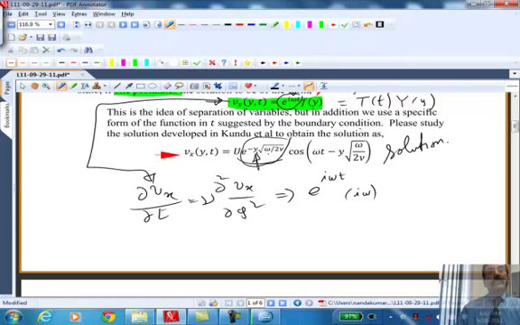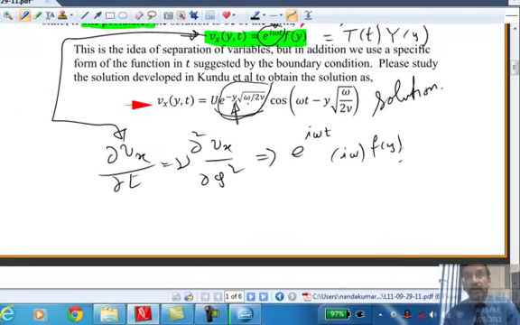So f of y is independent of time, so that stays as it is, and you take the derivative of this with respect to time, which will give you e to the power i omega t times i omega.